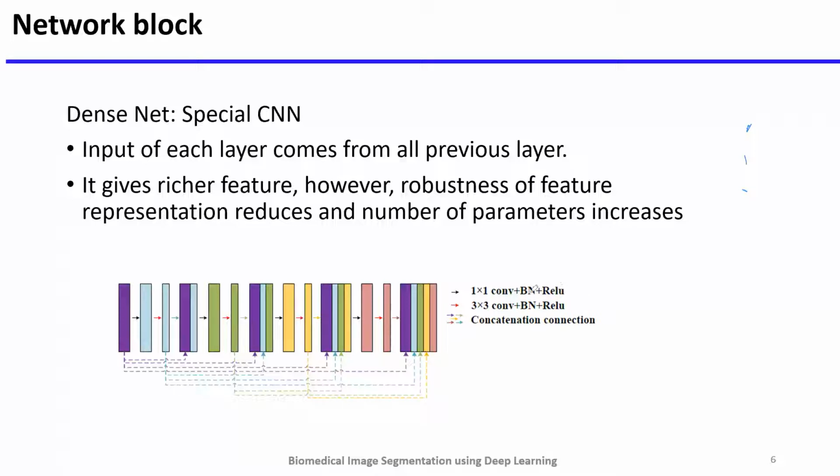And also, if you see this purple layer, we are passing all the information from purple to purple. So in DenseNet, every layer is connected to the previous ones.